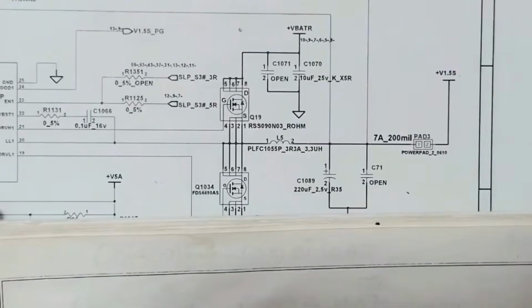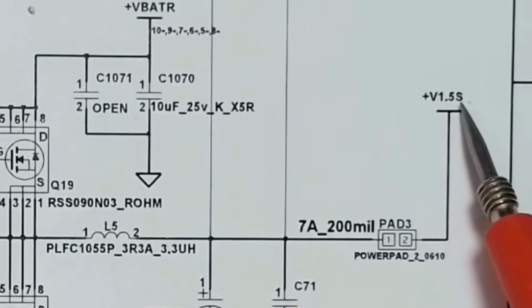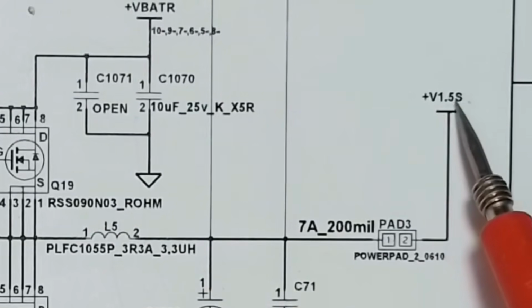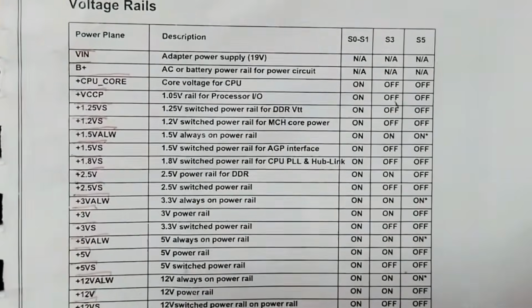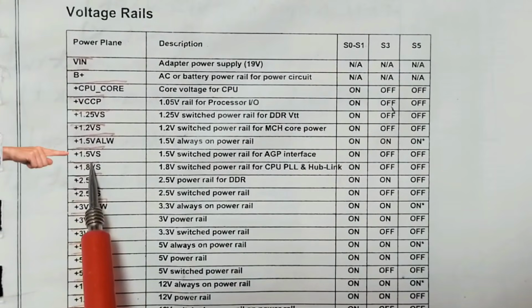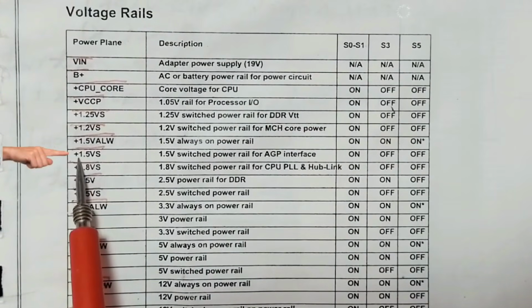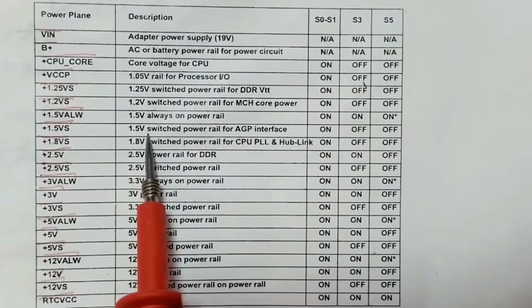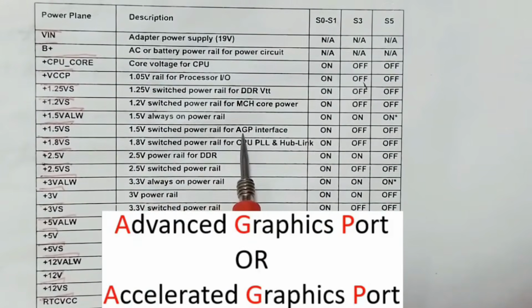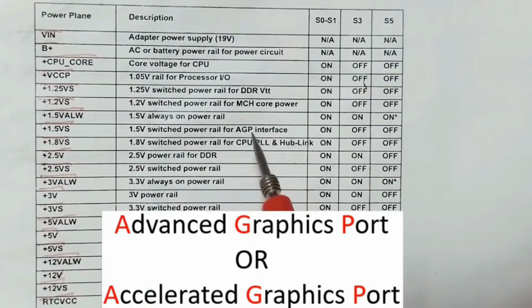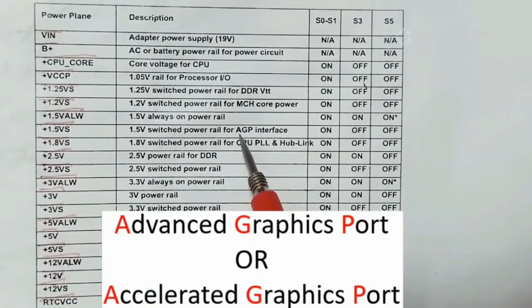For us, we want to know about plus 1.5 volt switched. S means switched. So let's check the table again. We have here plus 1.5 volt switched, as you can see. It is the power rail for the EGP interface, the advanced graphic ports.